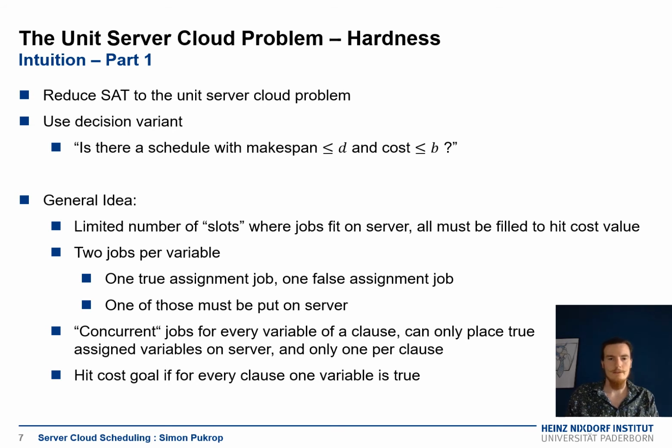Then for every clause, we will have for every literal a concurrent job. Only one of them can be placed on the server, and only if it is truly assigned. And then we can basically only hit the budget restraint if for every clause one variable is true, and for every variable one of the assignments is on the server.